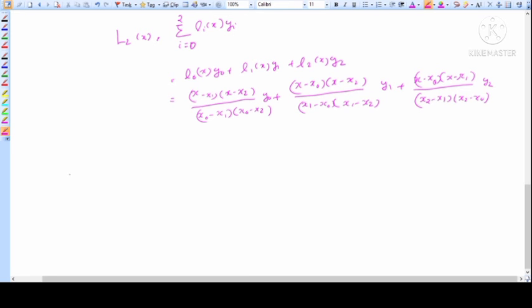So we have to find a general formula for the nth degree polynomial. Let Ln of x be equal to a0 plus a1x plus a2x square plus etc. plus an x raised to n.